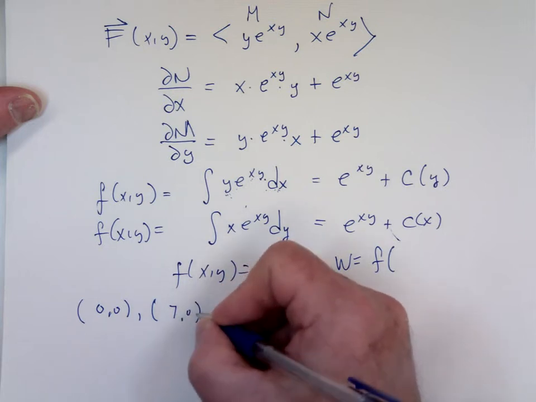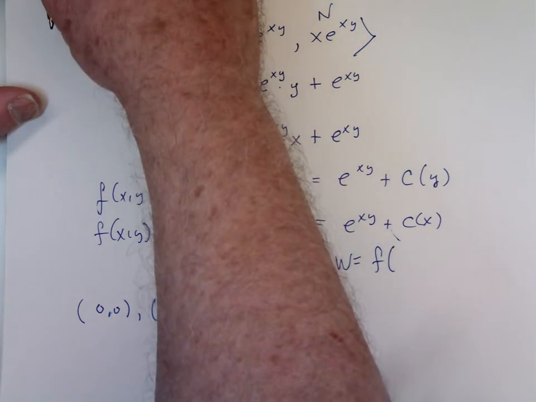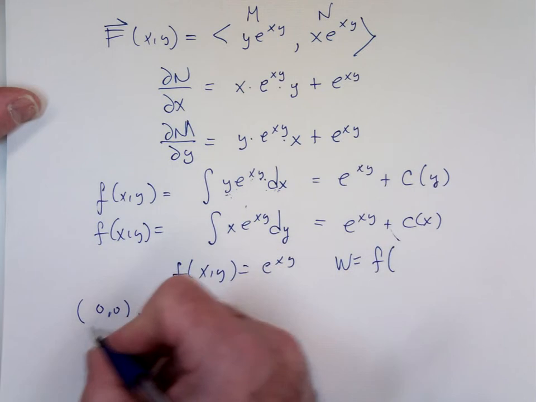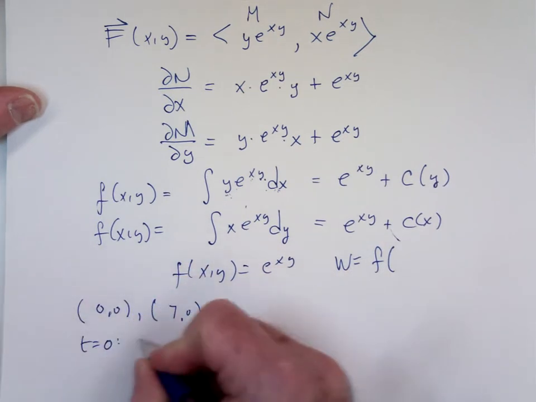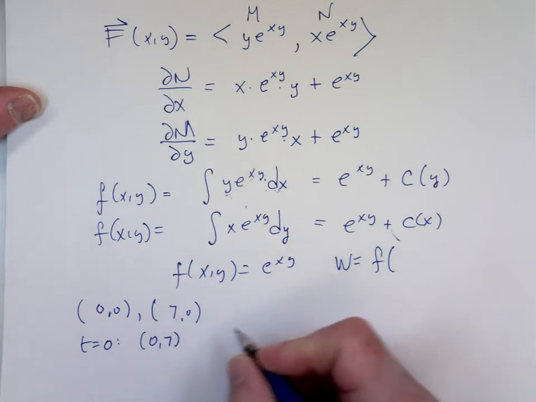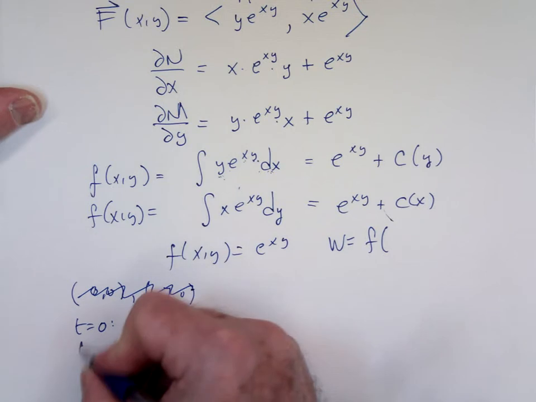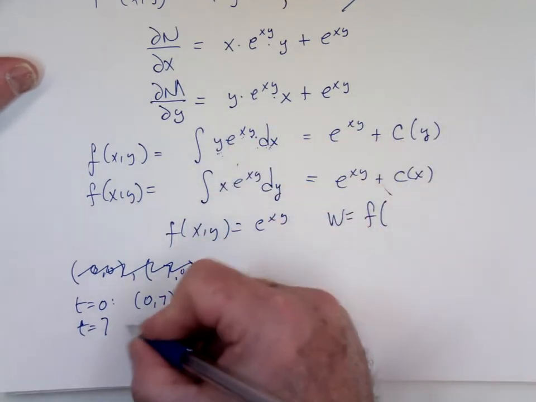No, that can't be right. All right, I messed up. When t is 0, I get 0, 7. Shoot. Okay, at t equals 0, I'm sorry, I get 0, 7. That's my starting point. At t equals 7, I'm at the point 7, 0.